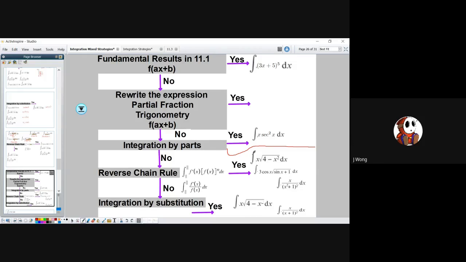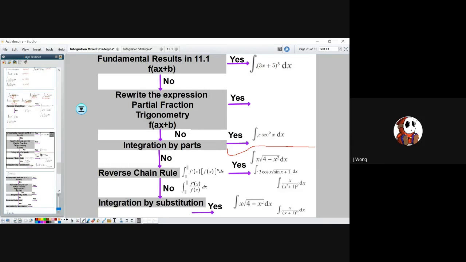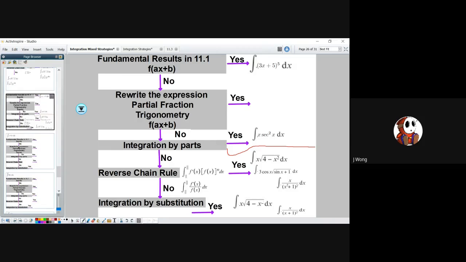However, there will be cases where you could directly use reverse chain rule, where it will be quicker when you solve the integral. But at this moment, if you want to solve everything using integration by substitution, that is fine. It's just that you need to be careful of the time you spend on integration questions.